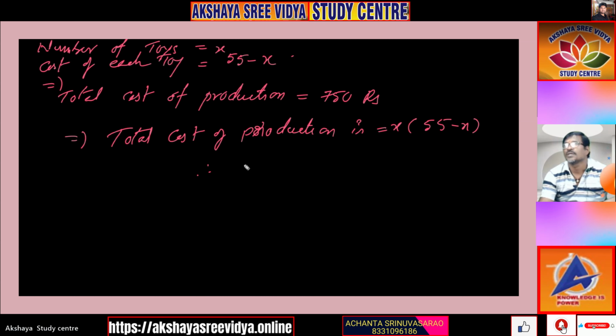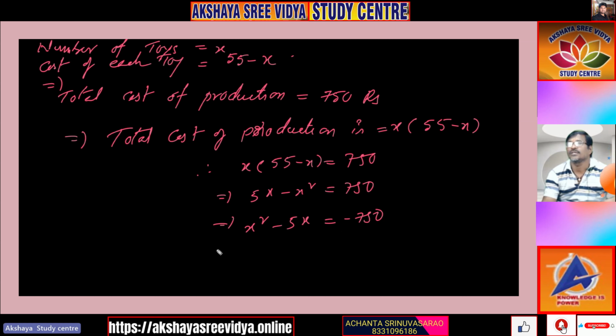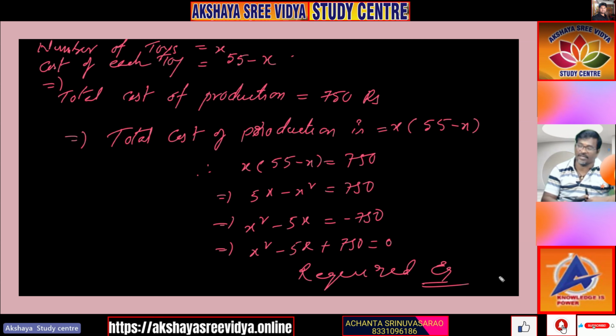Therefore, x into 55 minus x is equal to 750 rupees. This is equal to 55x minus x square is equal to 750. This implies x square minus 55x plus 750 is equal to 0. This is the required equation.